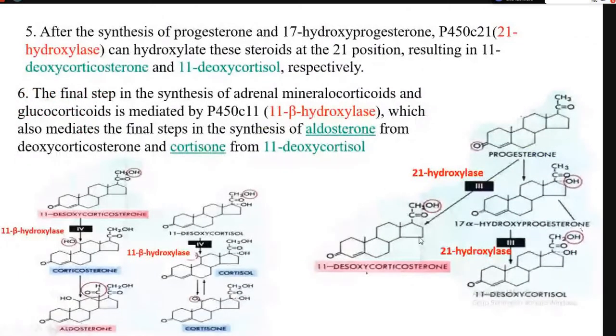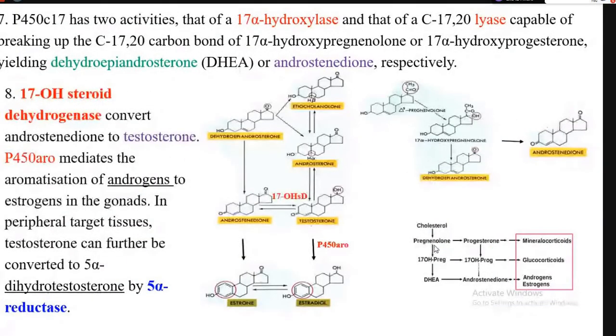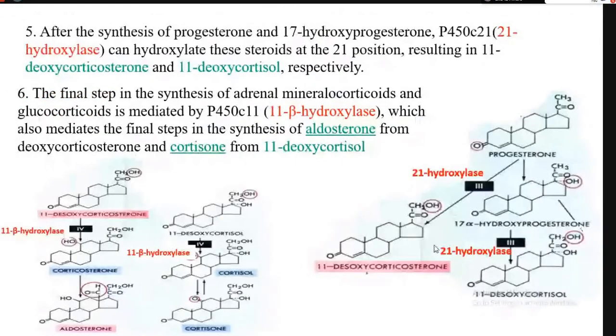Now this is the detailed structure. I have given you the micro detail of this steroid hormone synthesis. This is a biochemistry class, not physiology and anatomy, so you should be careful about every step and hormone, what changes are going on and what is happening there. I am giving you everything here.